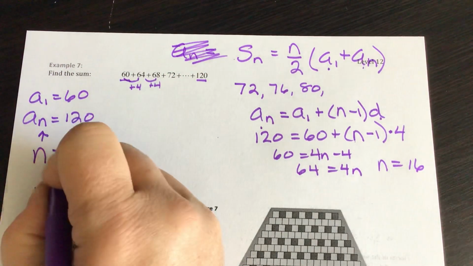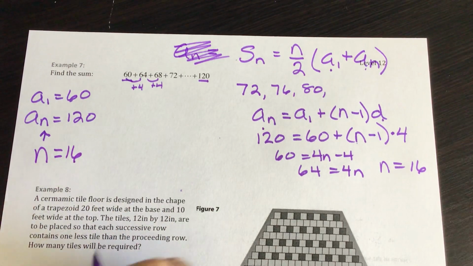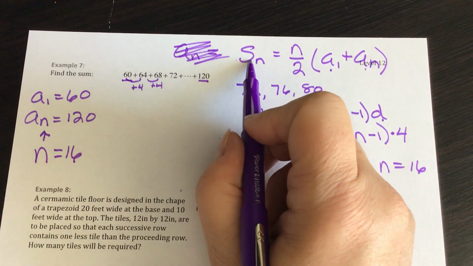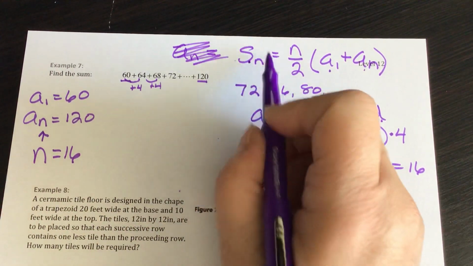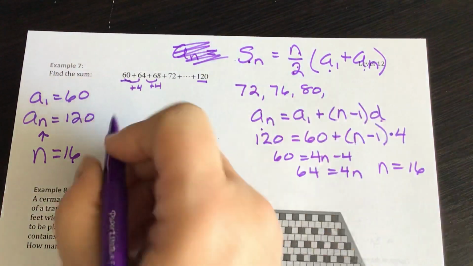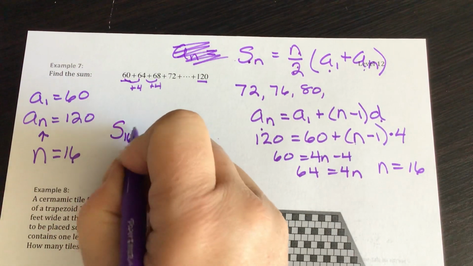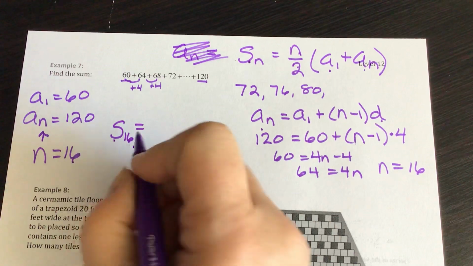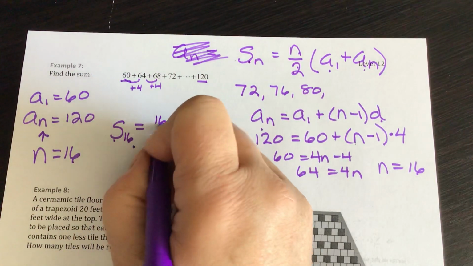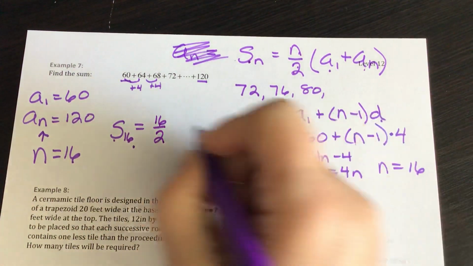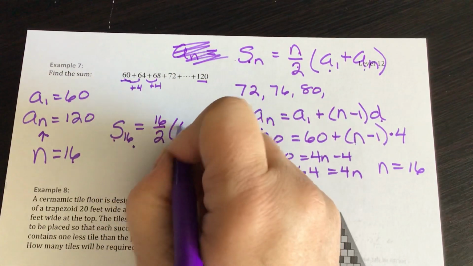So n is 16. Now I can use the sum formula where I take s of 16. I'm adding up the sum of 16 numbers. That gives me 16 divided by 2. My first term is 60.